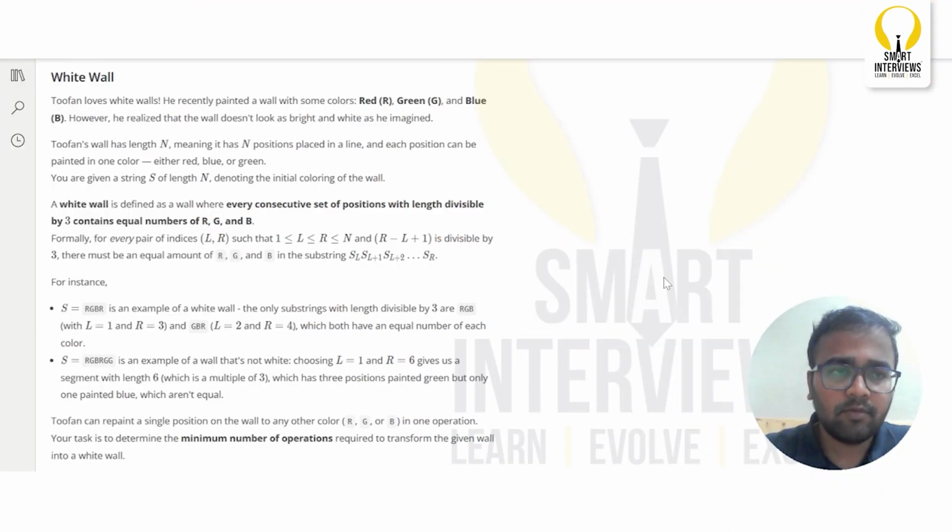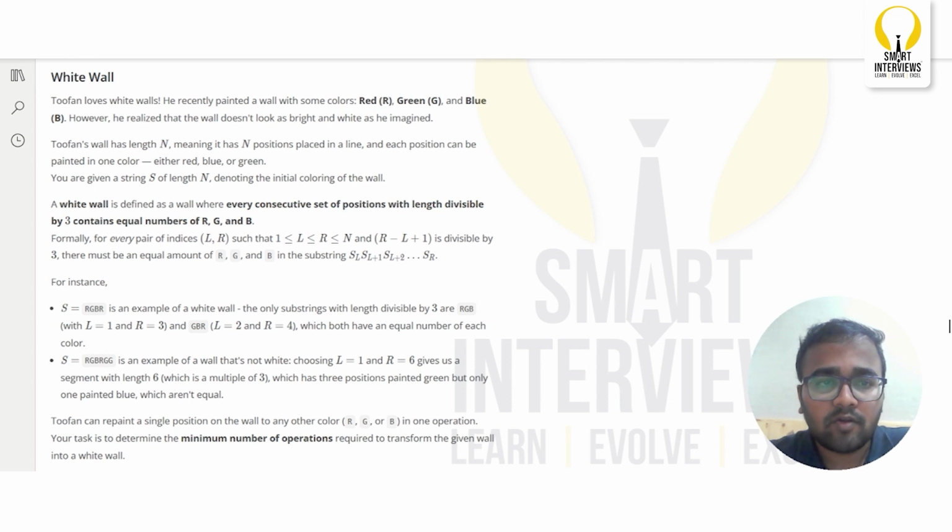So let us move to the fourth problem, white wall. Tufan loves white walls. He recently printed a wall with some colors: red, green and blue. However, he realized that the wall doesn't look as bright and white as he imagined. Tufan's wall has length n, meaning it has n positions placed on a line, and each position can be painted in one color, either red, blue or green.